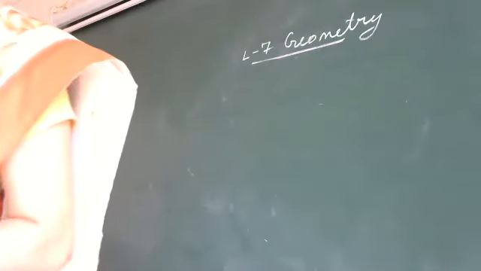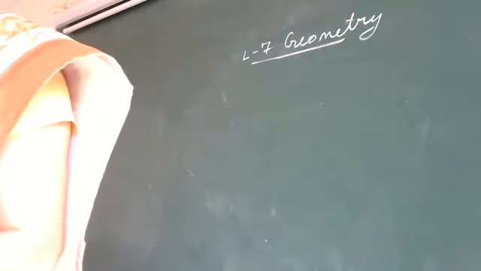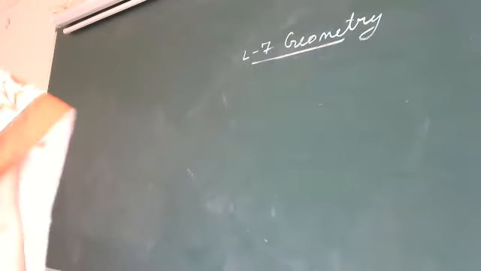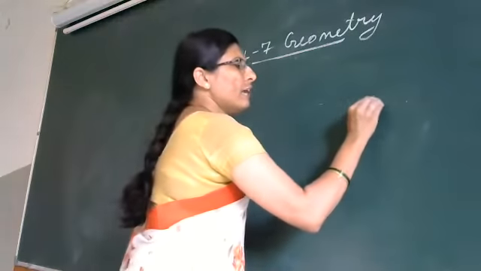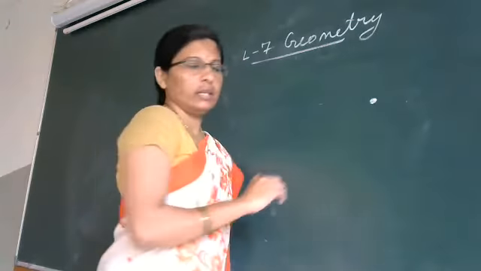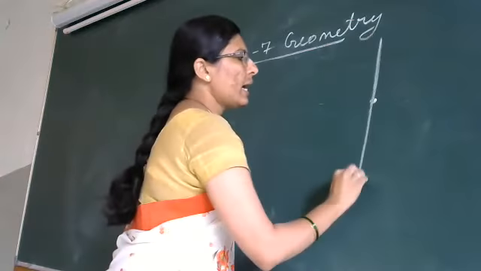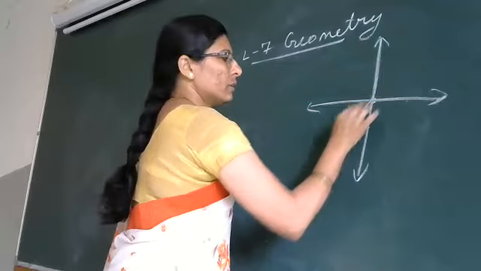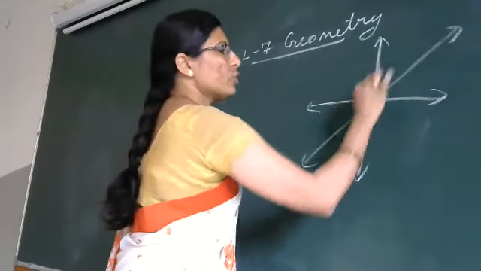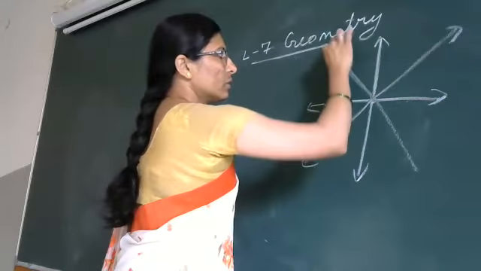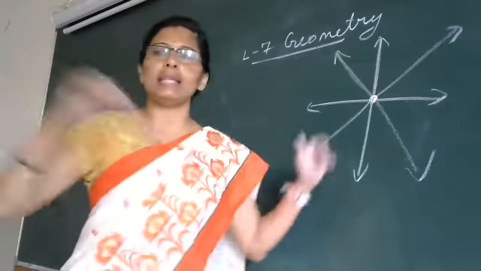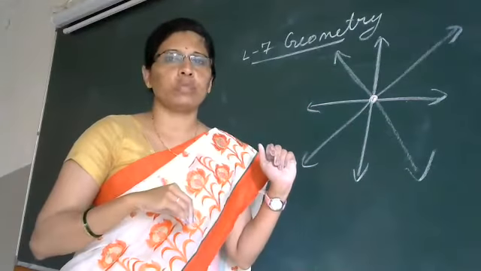Anyone is having doubt? As I told you, if one point is there, from this point many lines can pass. Yes, many lines can pass. From one point, many lines can pass through, no?